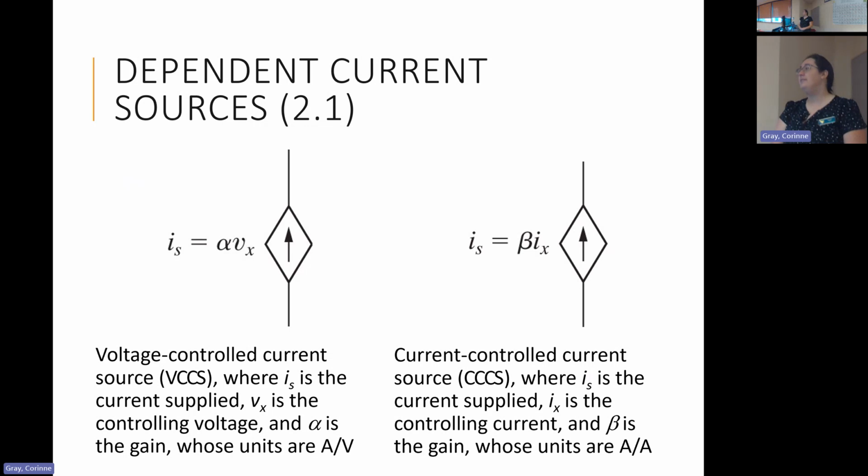So what is a real life example of a dependent source? They are typically parts of circuits. It depends on exactly how it works.